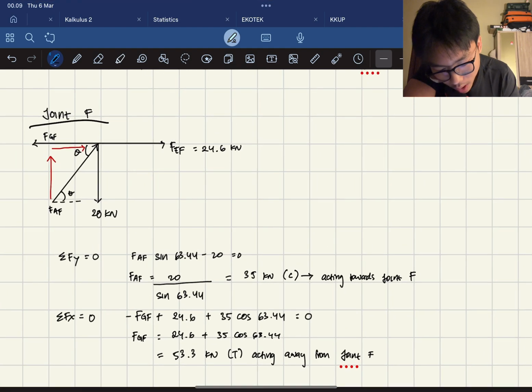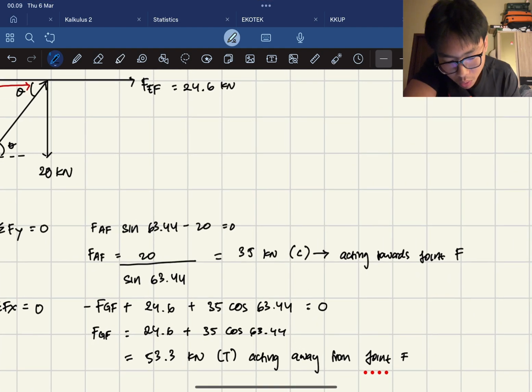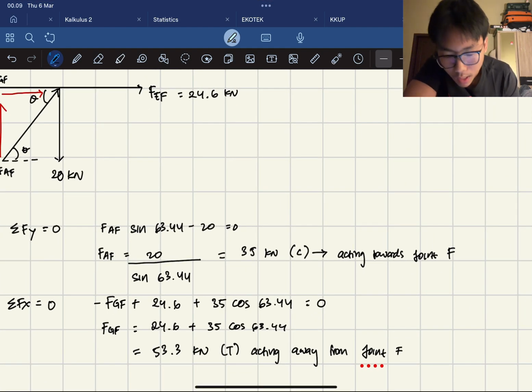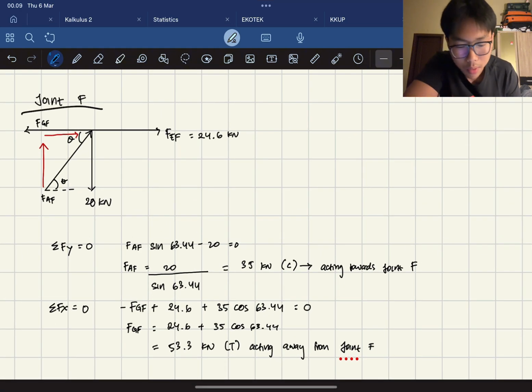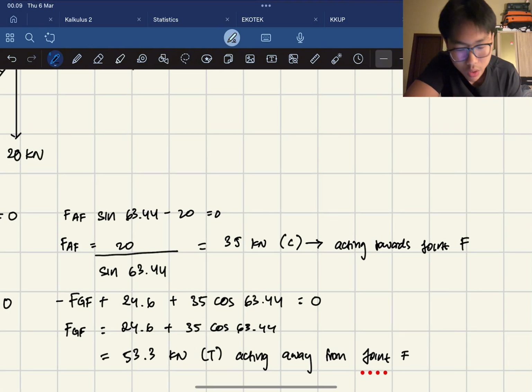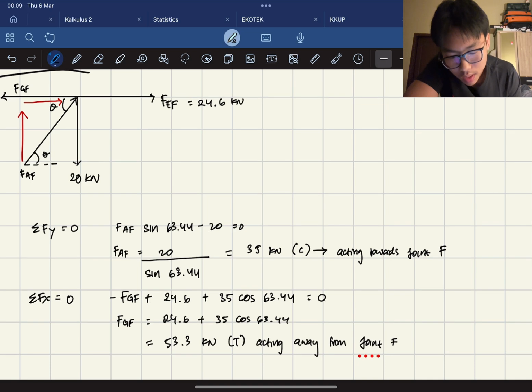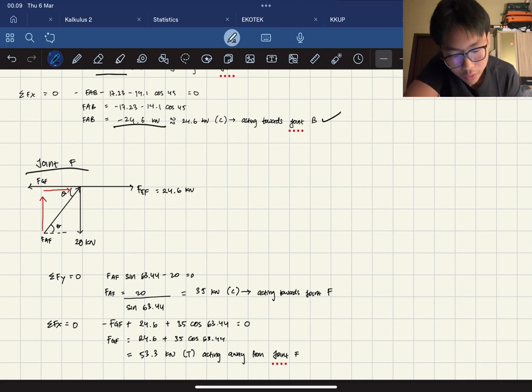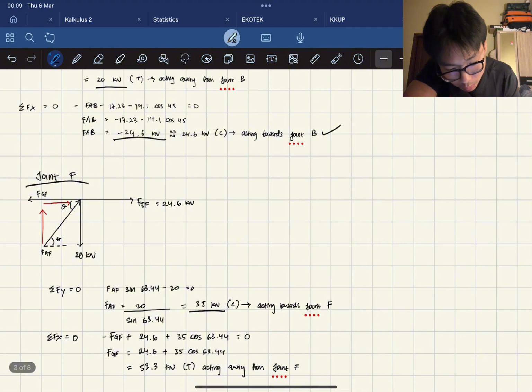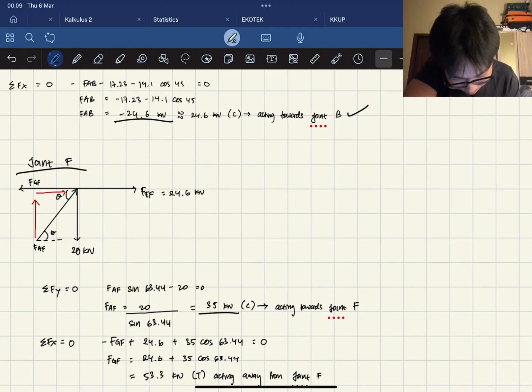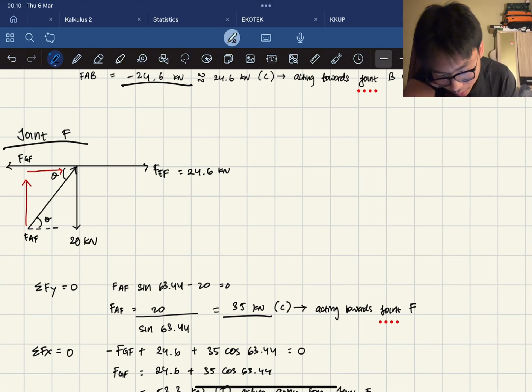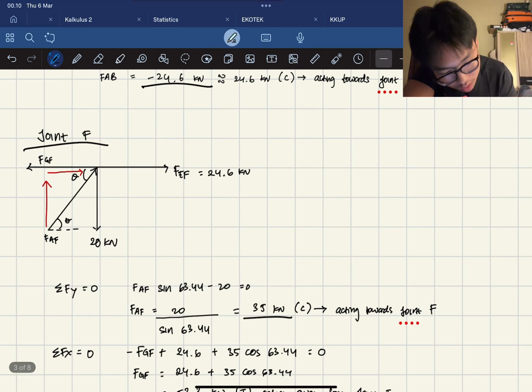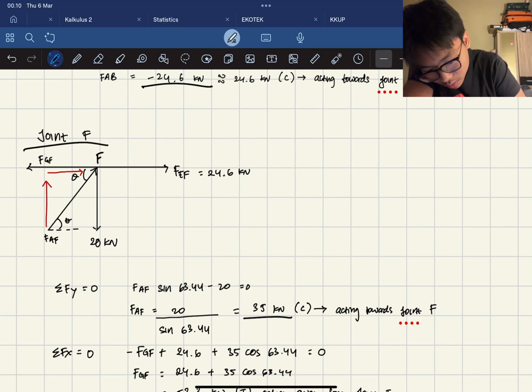So sigma Fy equals 0, and the formula is FAF sin 63.44 minus 20 equals 0. We divide 20 over sin 63.44 and we get 39 kN, and the state would be compression because FAF is acting towards joint F.